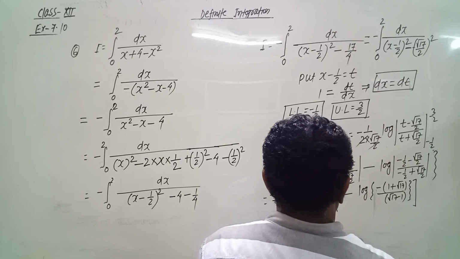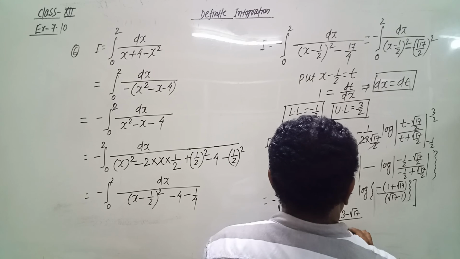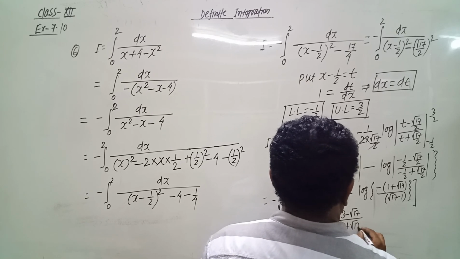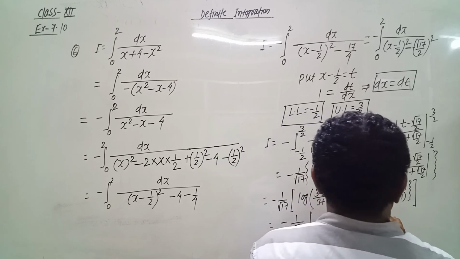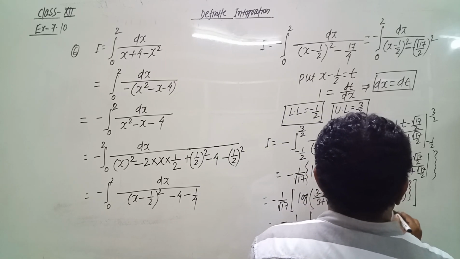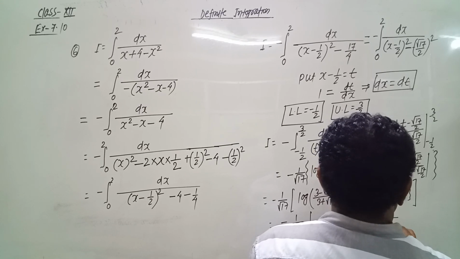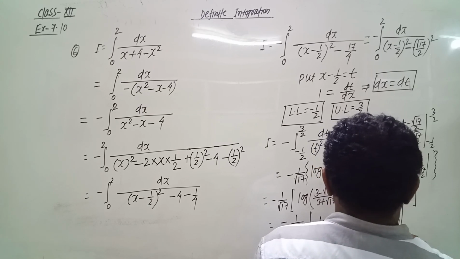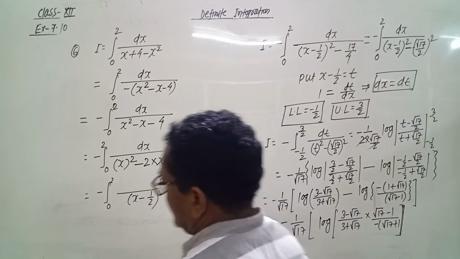So log of 3 minus root 17 upon 3 plus root 17 upon this. So this becomes reciprocal, so root 17 minus 1 upon root 17 plus 1. And then we solve this. The result comes.